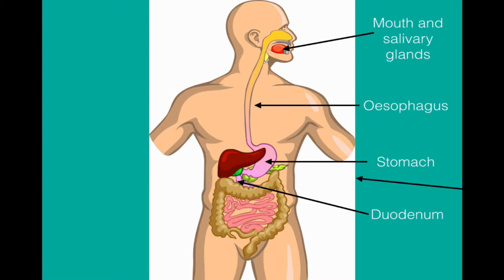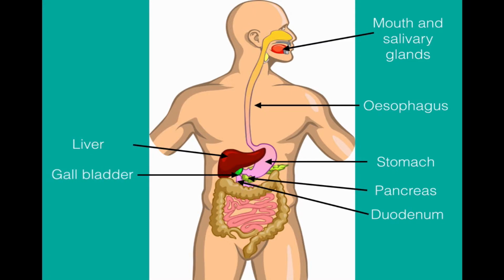The pancreas produces a variety of digestive enzymes, as we'll see in a second. The liver produces bile, and the bile gets stored in the gallbladder, and the bile is used to emulsify fat, so to break the fat up into smaller droplets.